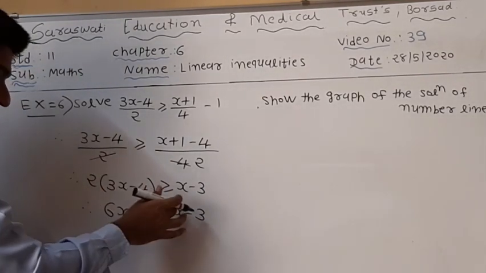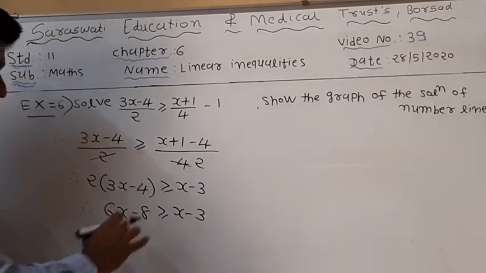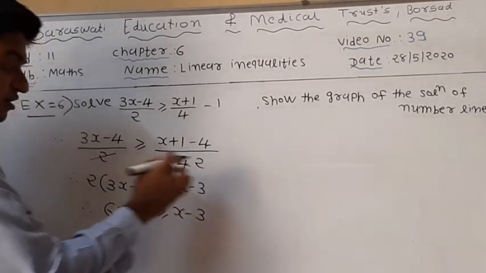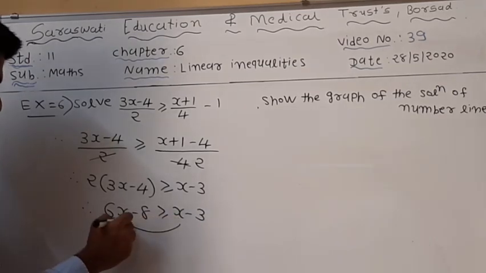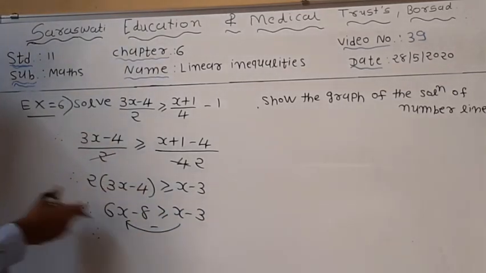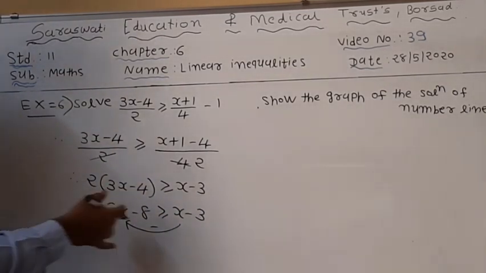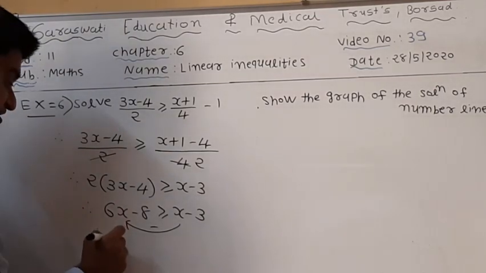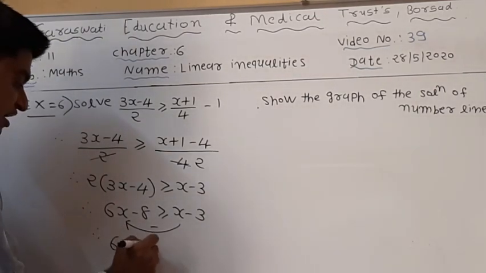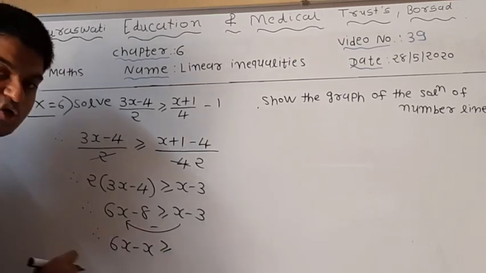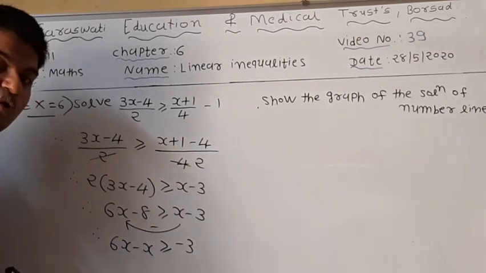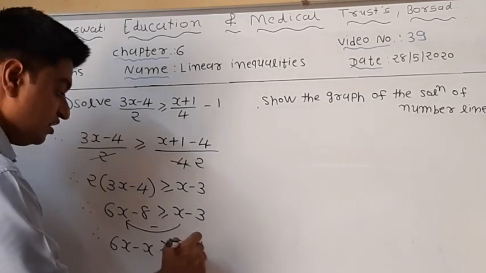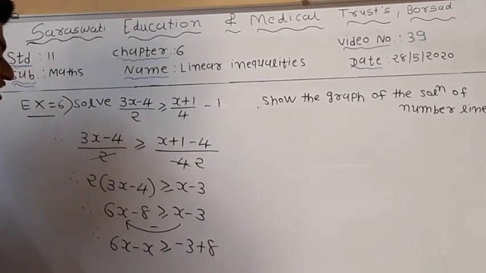Okay, x is written on this side, and minus 8, the constant term, is written on the opposite side. So x is written on the left side, and change the sign. So 6x minus x greater than or equal to minus 3 minus 8, written on the opposite side with the sign changed, so here it is plus 8.